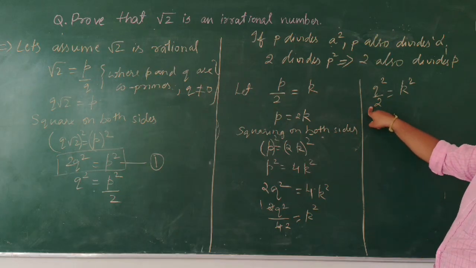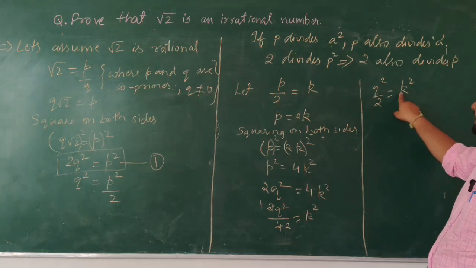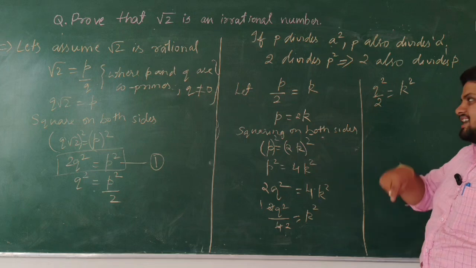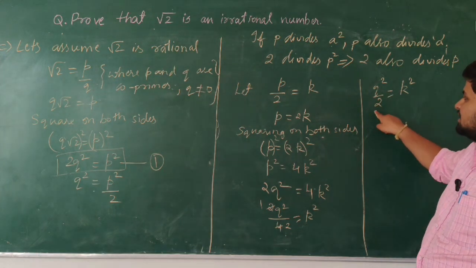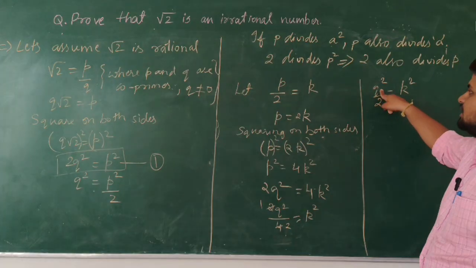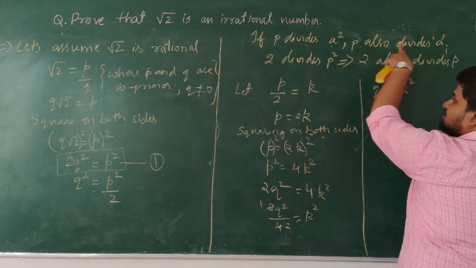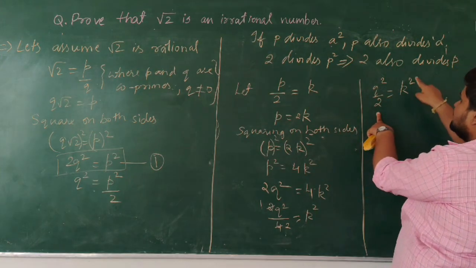So here we are getting to know that when you are dividing q square by the number 2, we are getting the number k square, which is also an integer. That means 2 divides q square. So if p divides a square, p also divides a. So here 2 divides q square, then 2 also divides q.